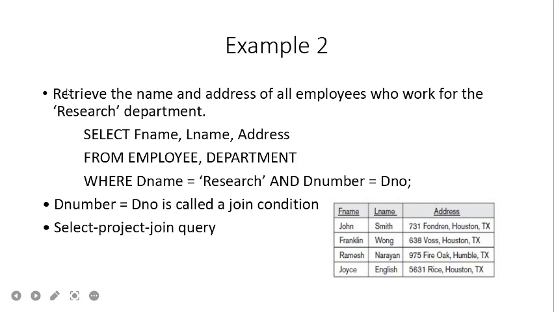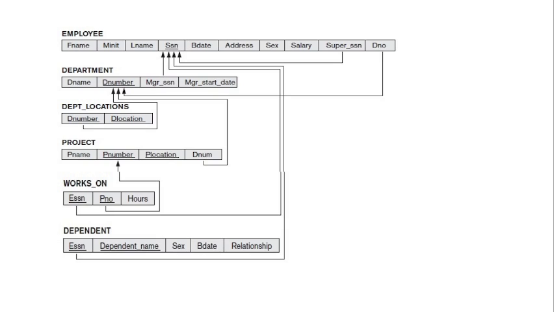Consider another example. Retrieve the name and address of all employees who work for the research department. How do you get these details? How do you know that a person is working for a particular department? The employee relation has only the department number, and the department name is in the department relation only.